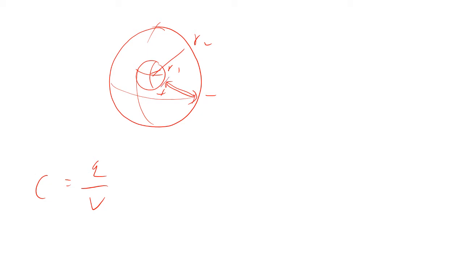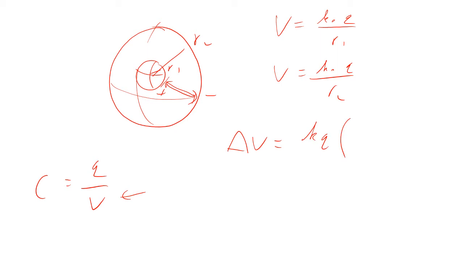So we know that the voltage on the inner one is going to be KQ over R1, and the voltage on the outer one is going to be KQ over R2. So the difference in voltage is going to be KQ times (1 over R1 minus 1 over R2).